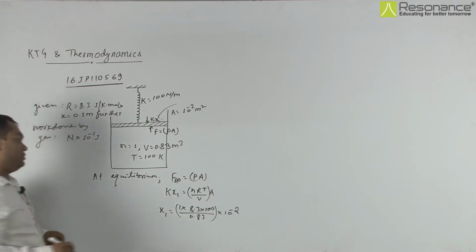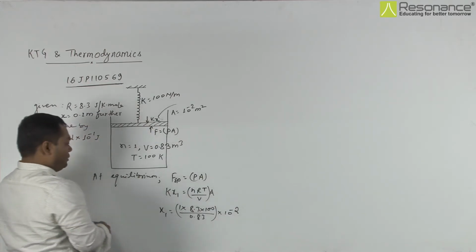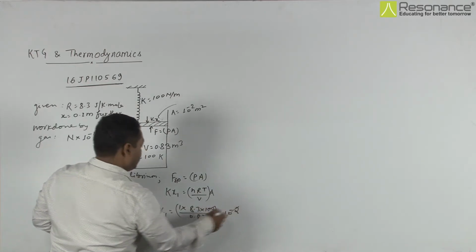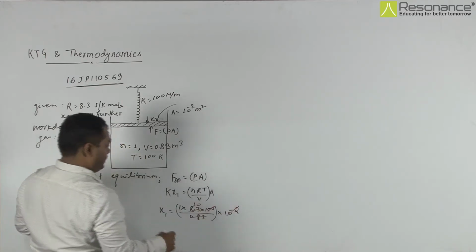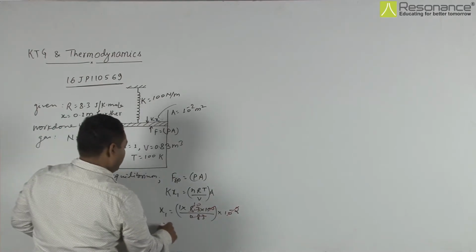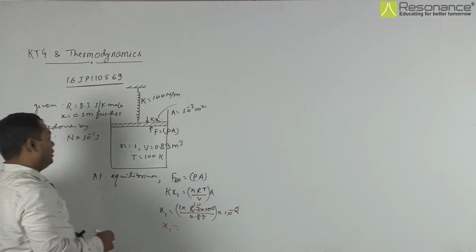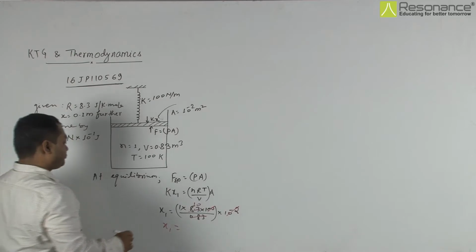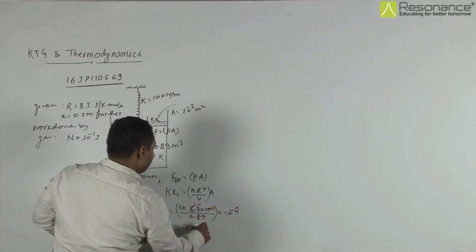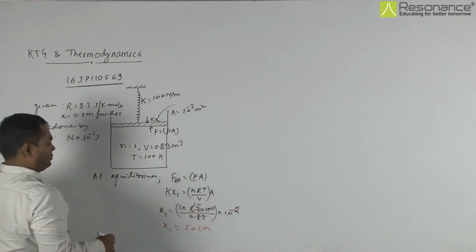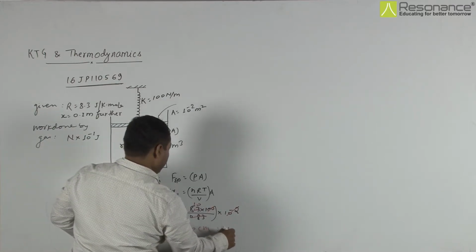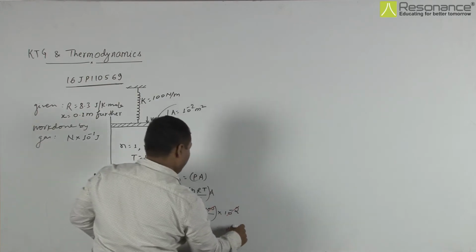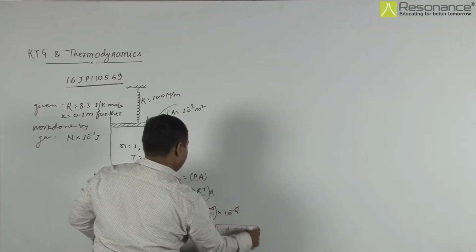By solving this, you see here this 2 gets cancelled, and this will be simply 10. So x1 will be 10 centimeter. We can write it as x1 equals 0.1 meter.